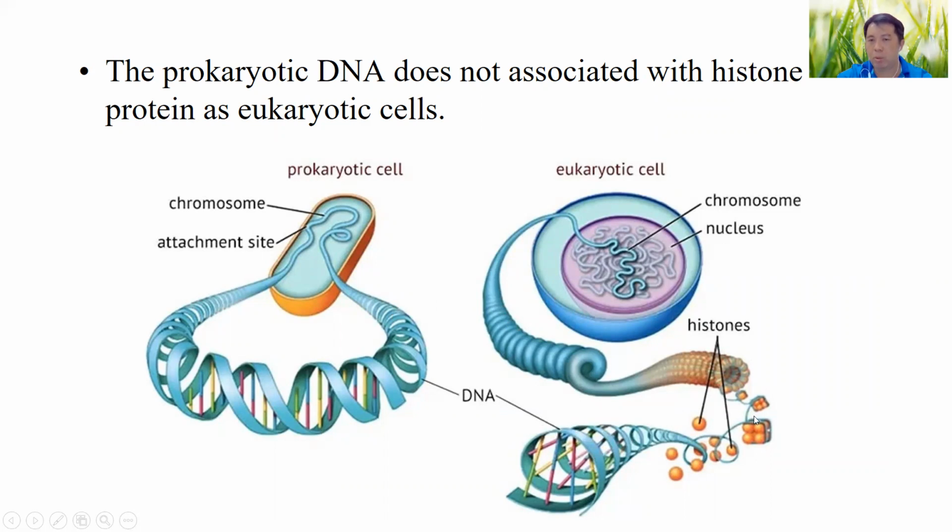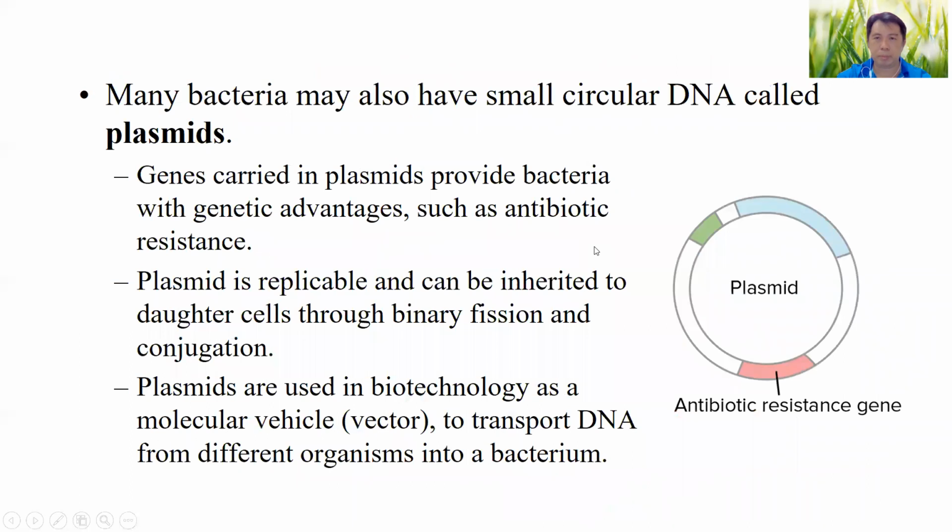That means they coil with the histone proteins to form nucleosomes, which later are compacted and further coiled into chromosomes. So this is another difference between the DNA of prokaryotic cells and the DNA of eukaryotic cells.